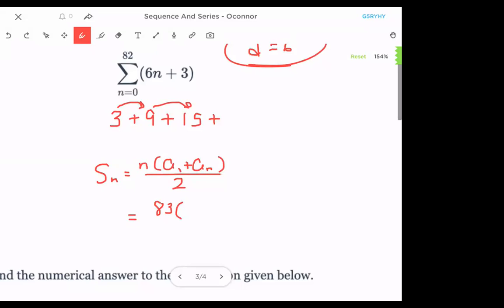My first term was 3. Okay, and that was here. My last term, though, I didn't figure out my last term. Here's how we find a sub n, meaning the last term. I'm going to plug 82 in for n. So I'm going to do 6 times 82 plus 3.